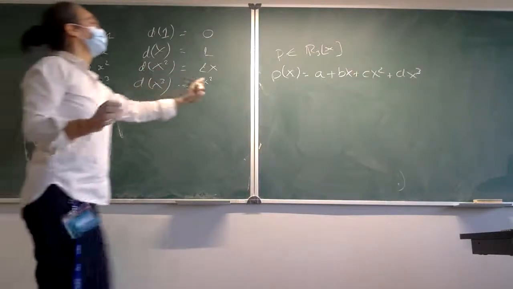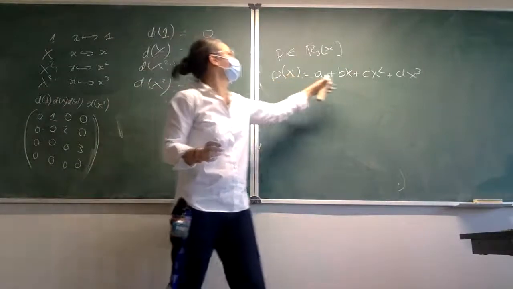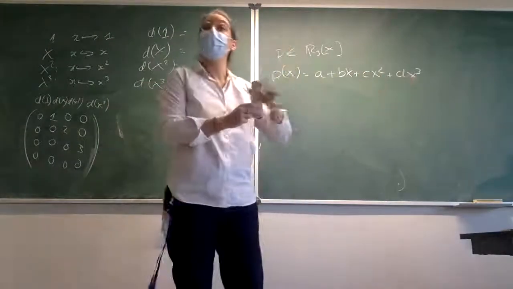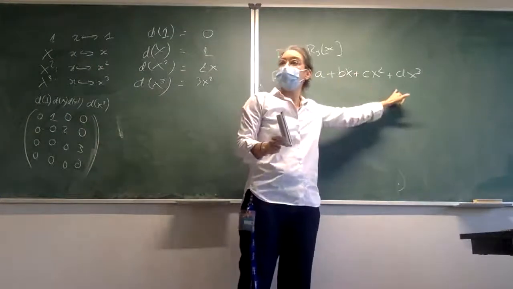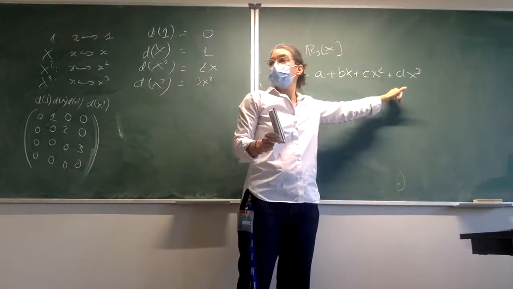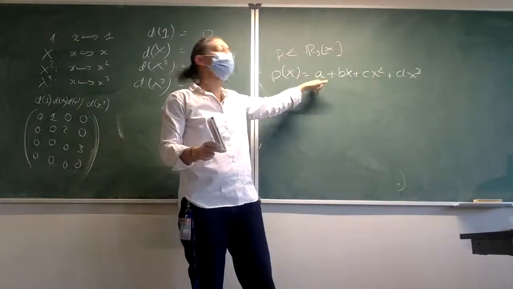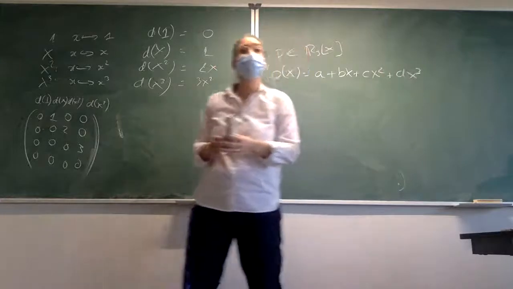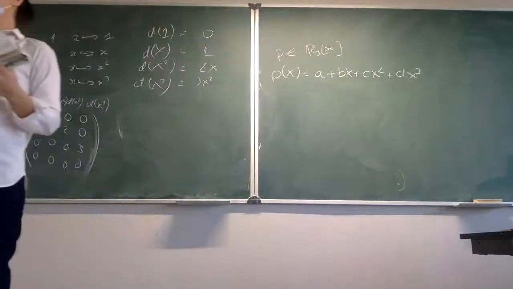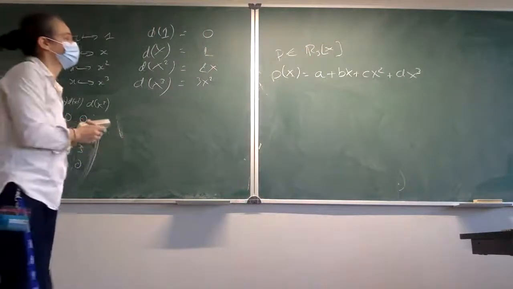I've written it here purposely with the capital letters just to show you that it is a linear combination of the basis items. It's a linear combination of the constant polynomial, of the x polynomial, of the x² and the x³ polynomials. That's also one way to express that.